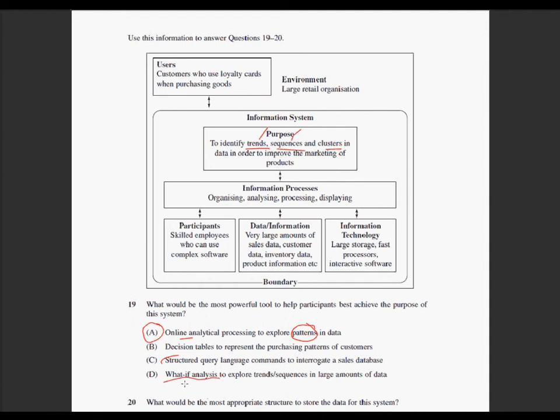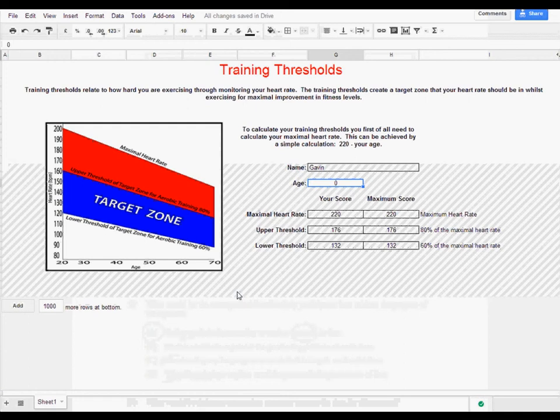So what if is an analysis method where you put in different options and it will give you alternatives. So let's have a look at what that looks like. So here's our what if analysis example. So what we've got here is a training threshold piece of software where if we put our age in, it will show us what our maximum heart rate is and our upper and lower thresholds.